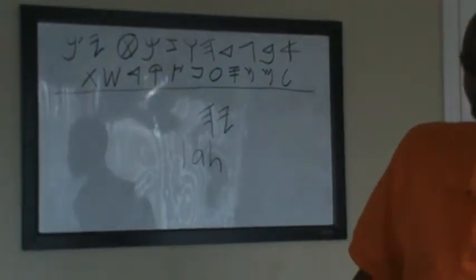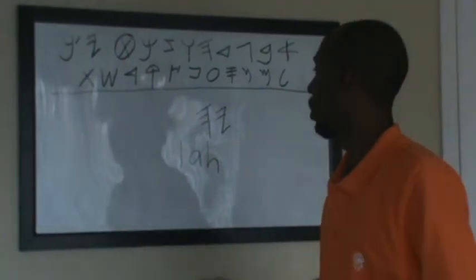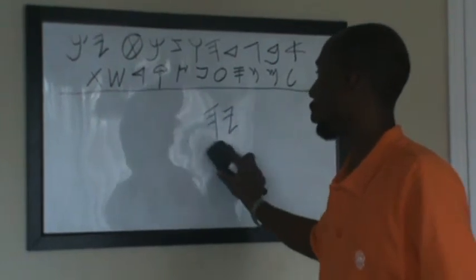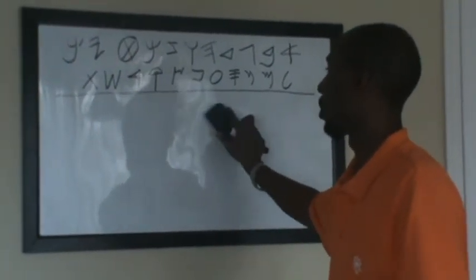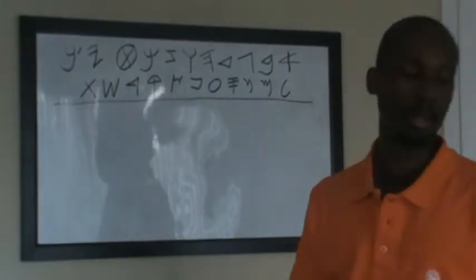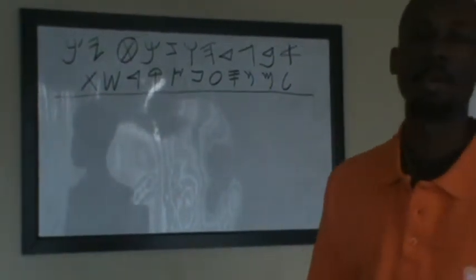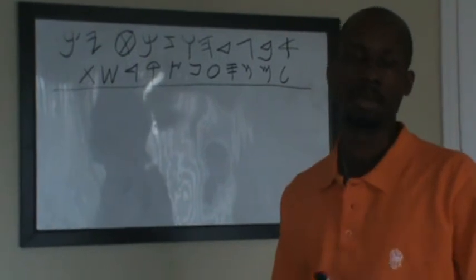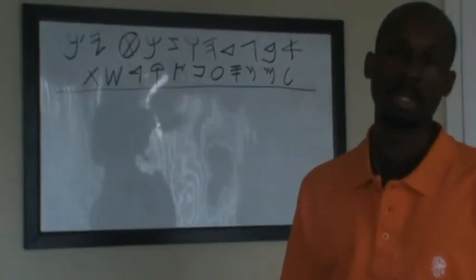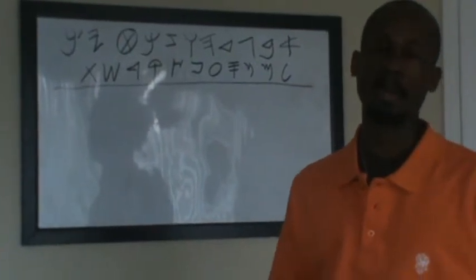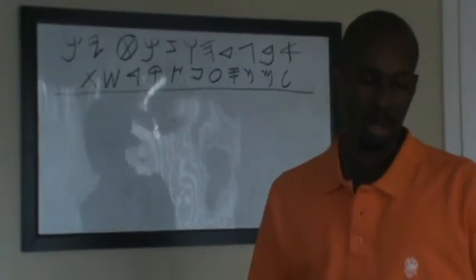Whenever referring to pagan deities, I will spell them out, because the Most High gave us a command not to pronounce the name of any other deities out of our mouth, neither let it be heard out of our mouth. And he said to be circumspect to do this. Be circumspect means to be careful. So when teaching this video, we still obey the commandments of the Most High Yahweh.